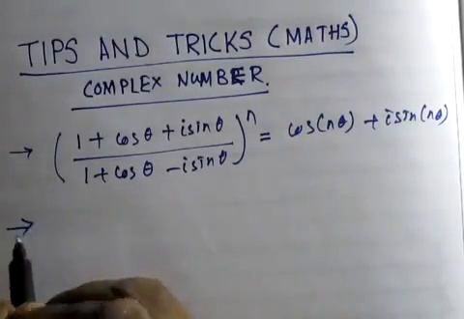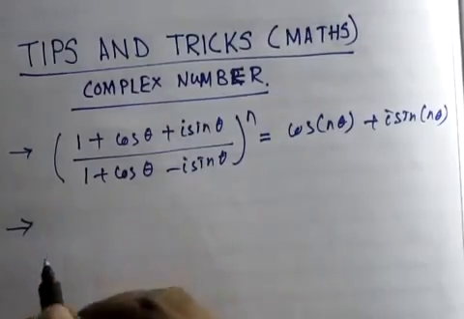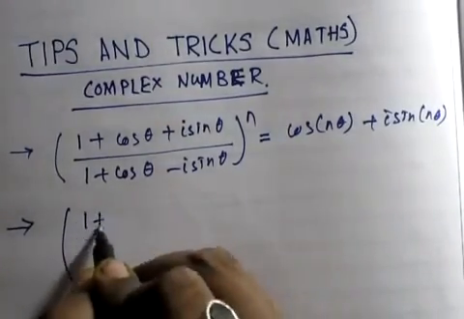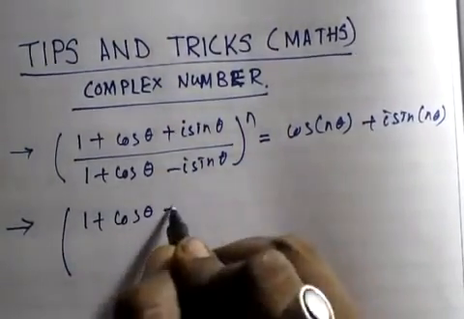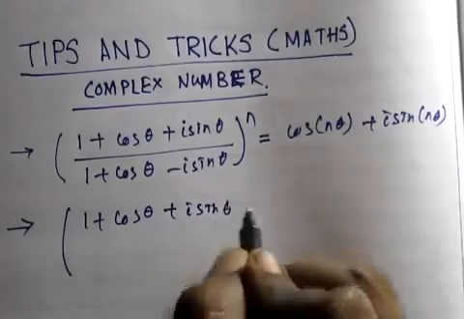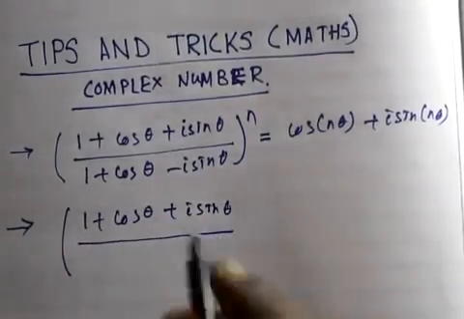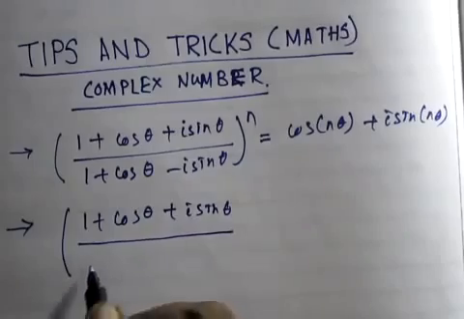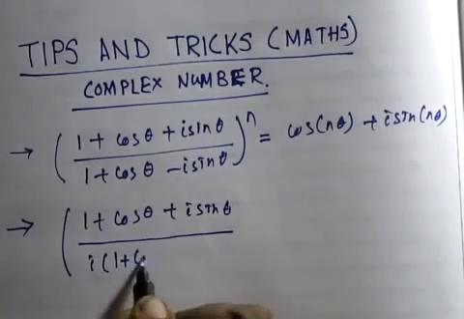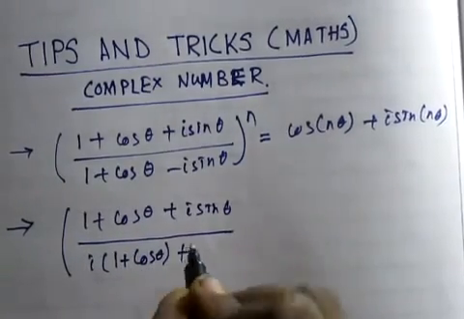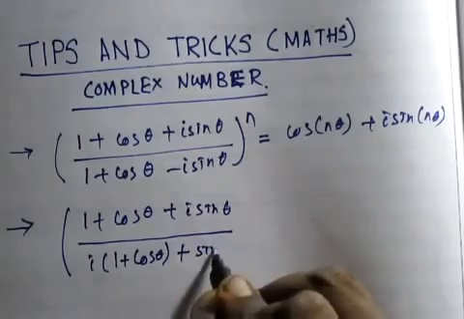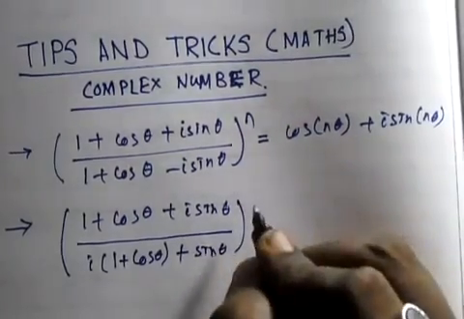Okay, the second formula is (1 + cos θ + i sin θ) divided by (i(1 + cos θ + sin θ)), to the power n.